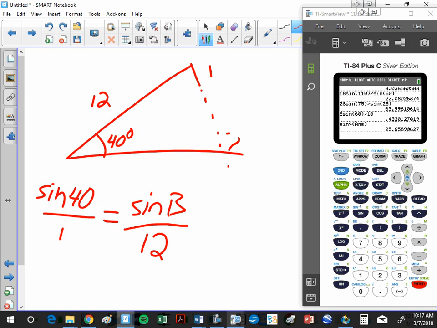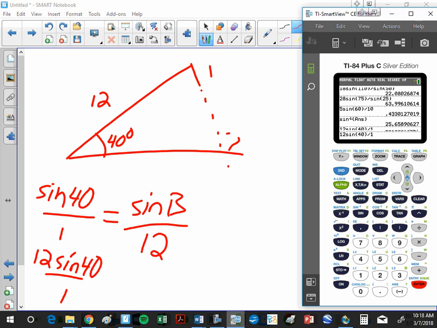Okay? Well, no, we're gonna hit a snag here in a second. So 12 sine of 40 over 1. 12 sine of 40 divided by 1.